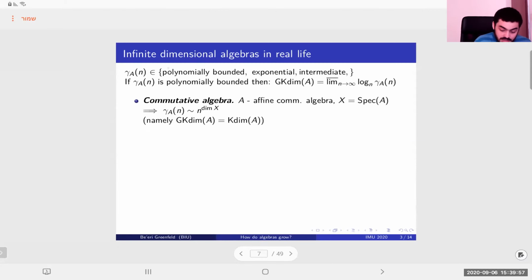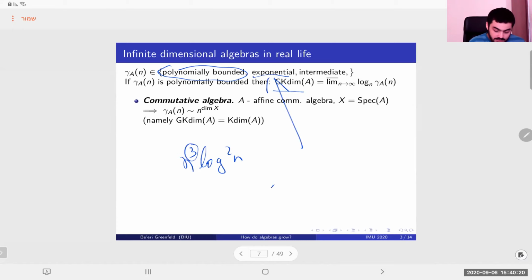They can be polynomially bounded, in which case we can consider the degree of this polynomial. It is called the GK dimension, or the Gelfand-Kirillov dimension. For instance, the growth rate can be something like n cubed times log n squared, and in this case the degree of the polynomial part will be 3. They can be exponential, meaning that the lim sup of the nth root of gamma of n is larger than 1, and they can be intermediate, which essentially means anything in between.